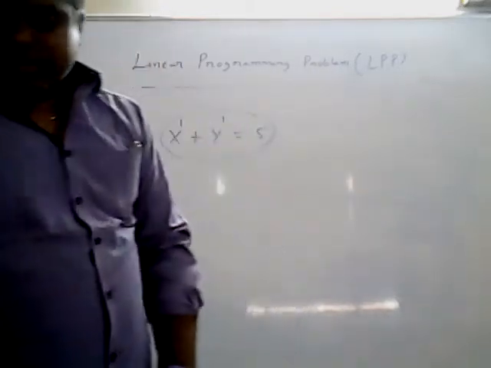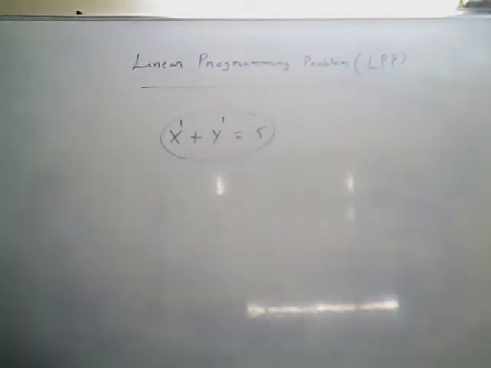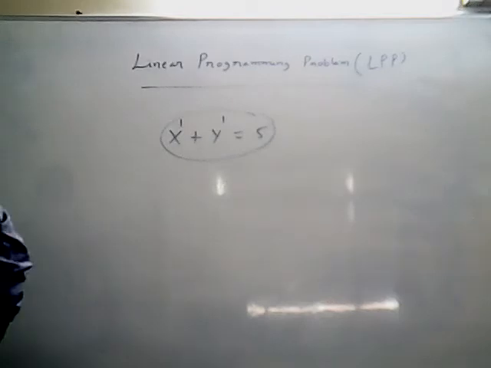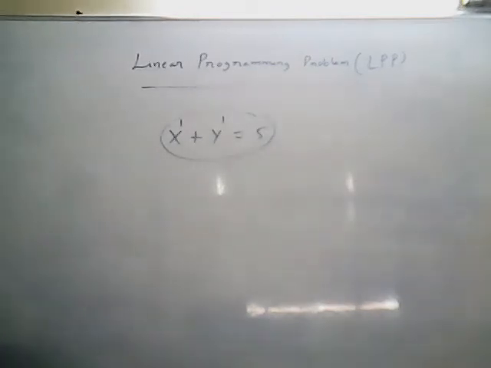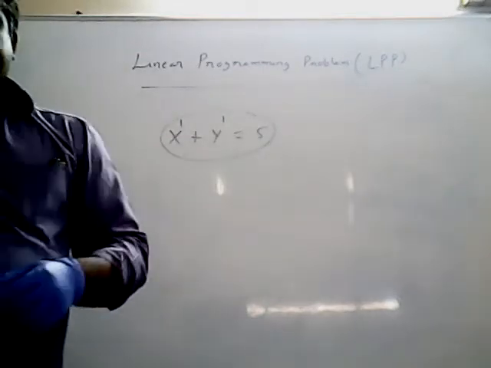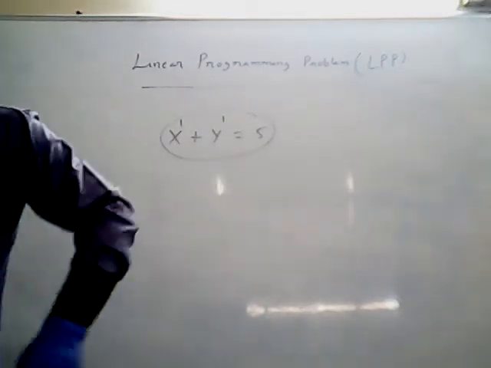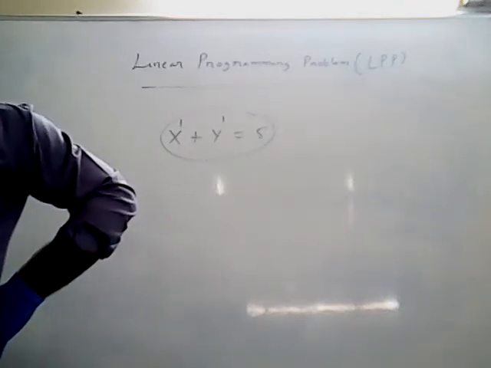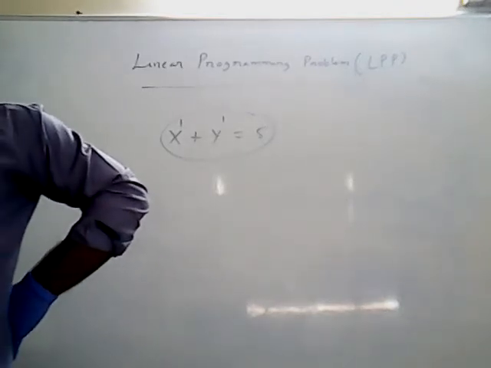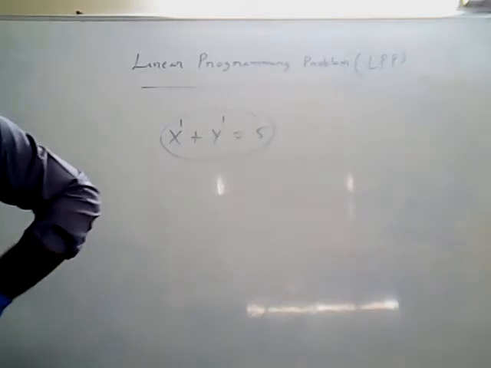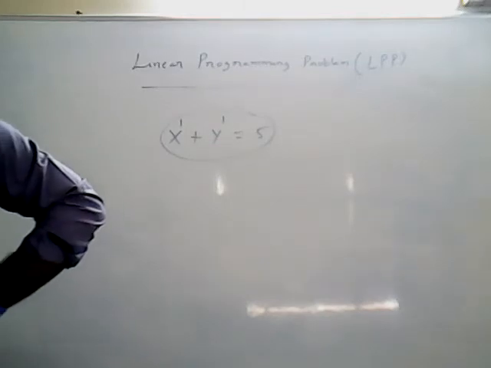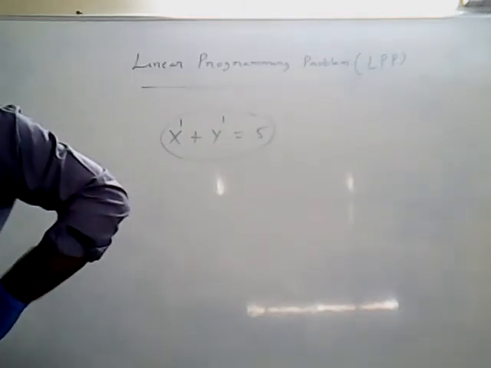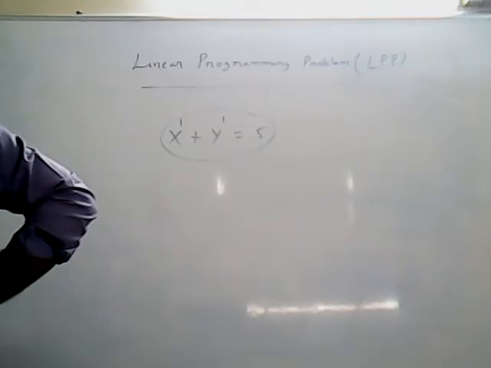So now what do you mean by linear programming problem? It is a technique to determine. Now we can write the definition of linear programming problem. It is called LPP. It is a technique of determining an optimum schedule of a particular problem with the available resources.